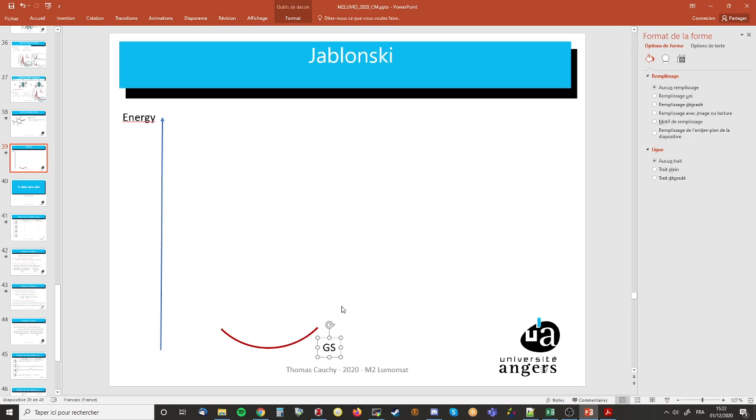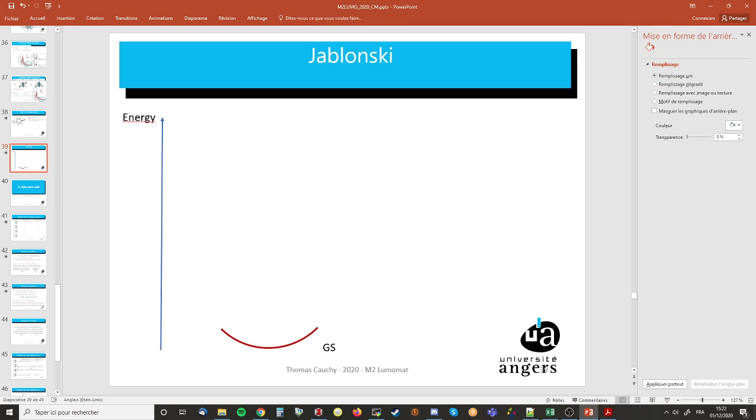So here we have our ground state, since we have the TD-DFT in our table, but you can also find this energy directly in the TD output.